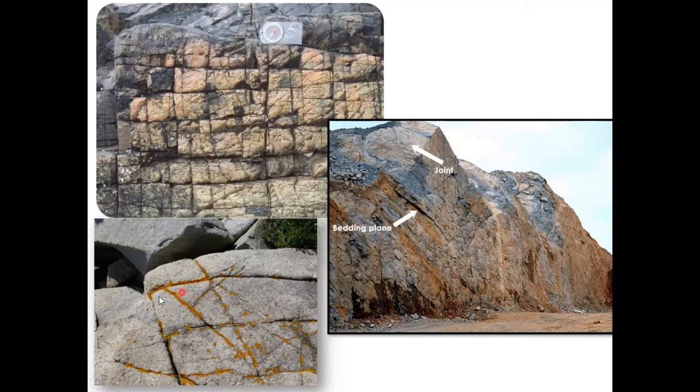So there are at least 3, maybe even 4 different joint orientations on this outcrop, which means either this region experienced 4 different brittle deformation stages with 4 different principal stress distributions, or some of these structures formed synchronously. If, for example, this one and this one show any shear motion, shearing, then maybe some of them can be conjugate.